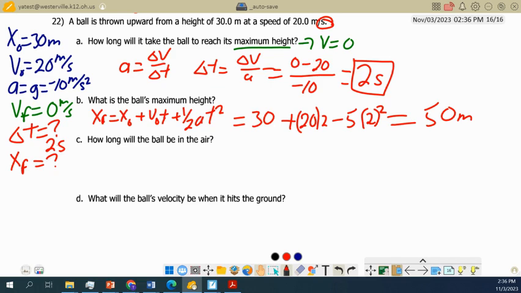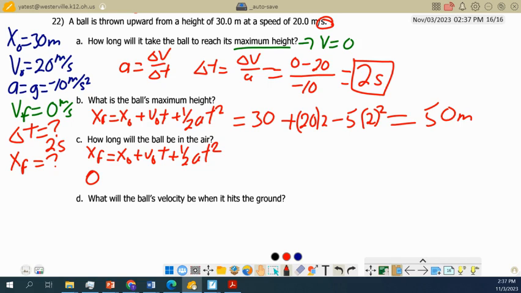For the math perspective, let's use the same equation we did in part B. Let's do xf equals x0 plus v0t plus 1/2 at squared. Now if we're asking how long the ball will be in the air, that's telling us when the ball hits the ground, we know that its position is 0.